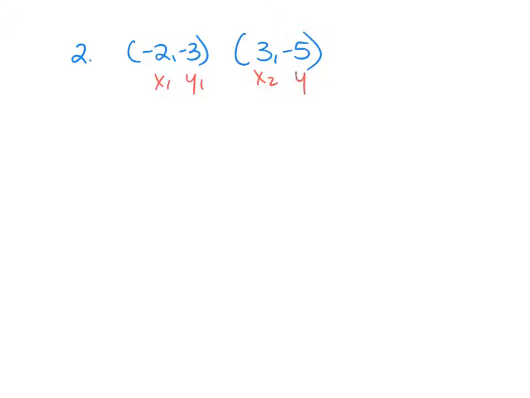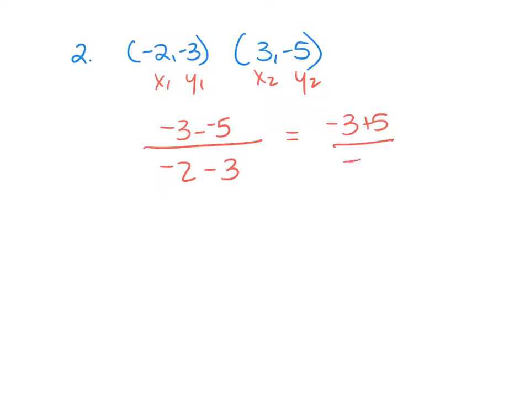So I have x1, y1, x2, y2. What do we do first? The x's or the y's? Y's. -3 minus -5 over -2 minus 3. That is -3 plus 5 over -5, which is 2 over -5, or -2/5.